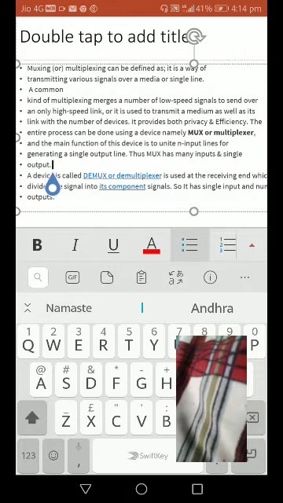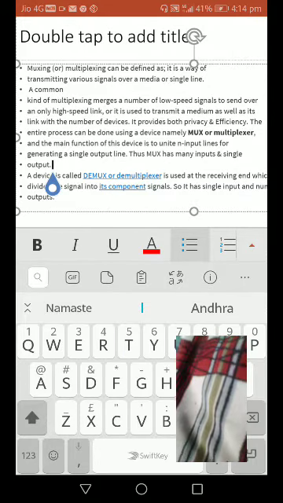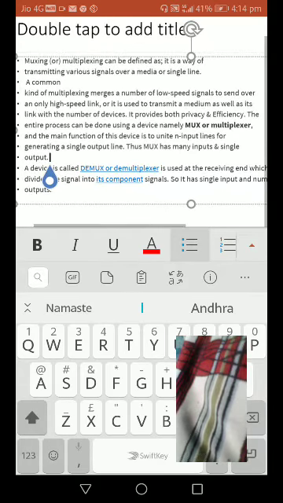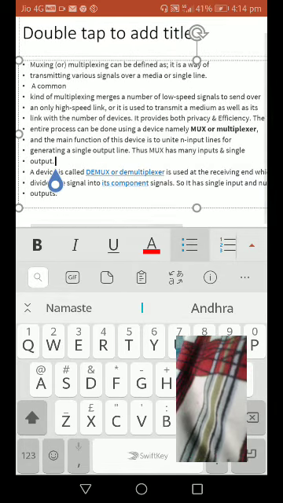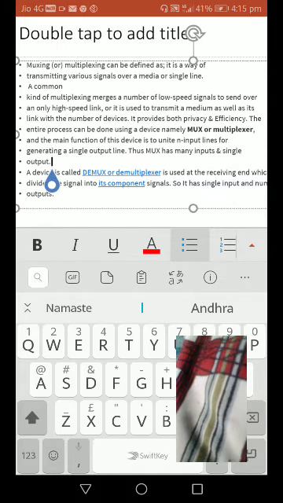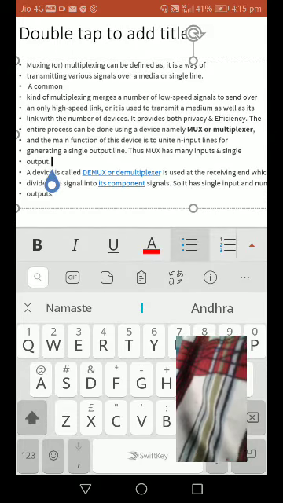Devices include printers, speakers and scanners; multiple users, printers and systems can share data through a cable.